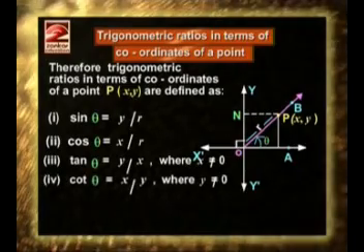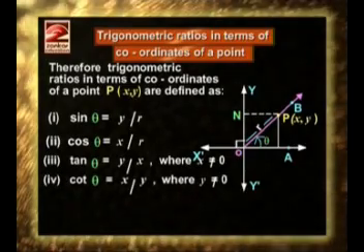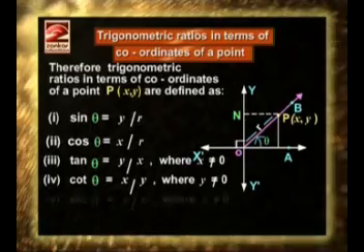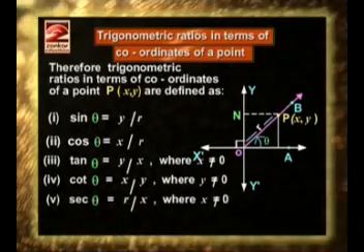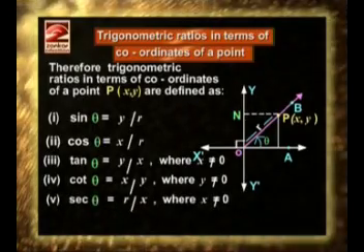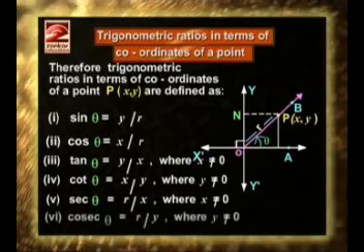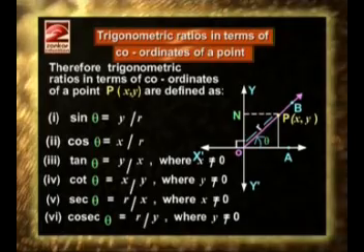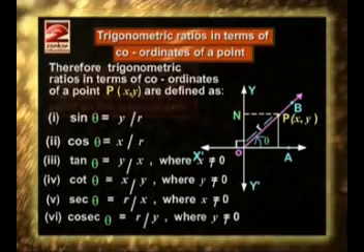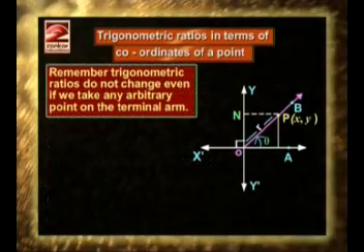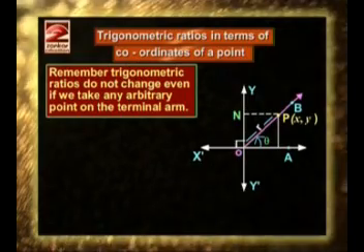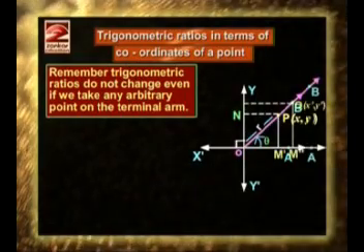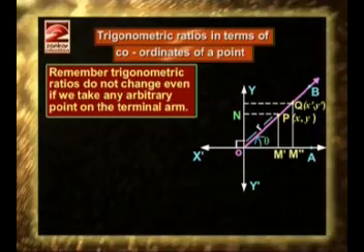Then cot theta is equal to x upon y where y is not equal to 0. Then sec theta is r upon x where x is not equal to 0. Then cosec theta is equal to r upon y where y is not equal to 0. Remember, the trigonometric ratios do not change even if we take any other point on the terminal arm.